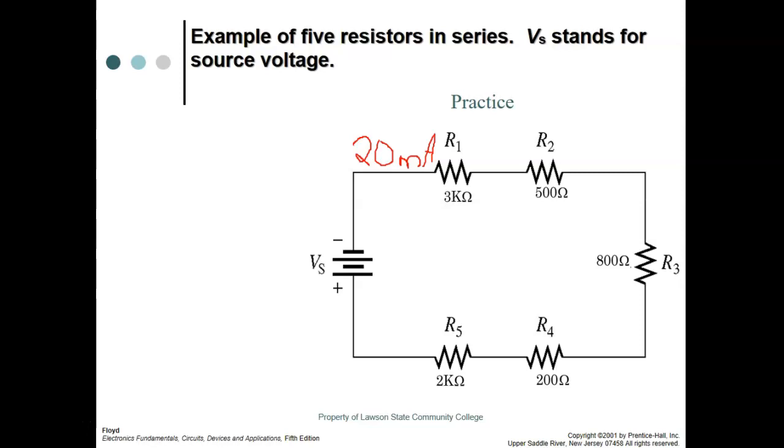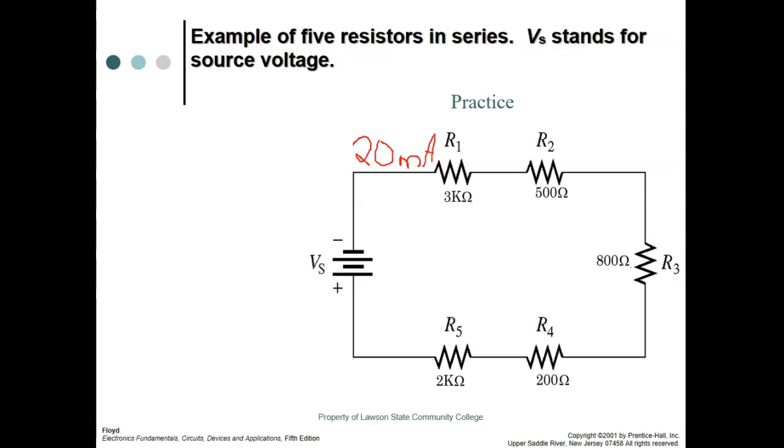All right. I don't know my voltage total yet. I don't know any of my individual voltages. Can I find my resistance total? How do I do that? You're gonna add them all up. All right, so I've got 2K and 3K.